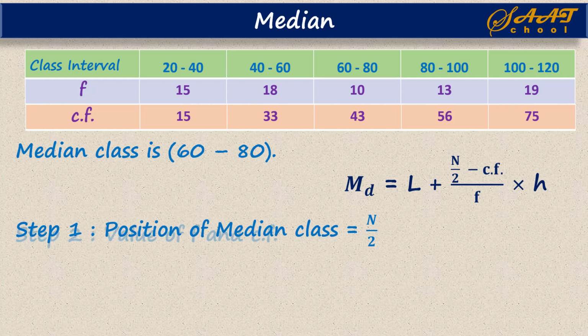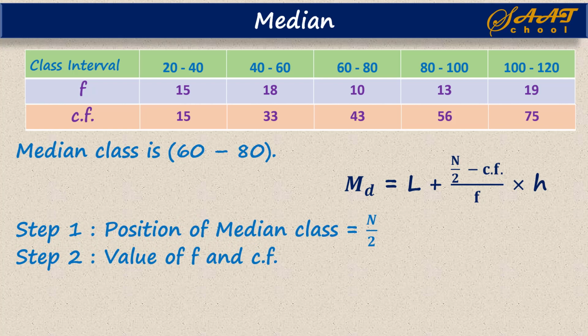The second step is to find the value of f and Cf. In the relation, we have to find the value of f as well as the value of Cf. That is the second step, finding frequency and cumulative frequency. And finally, we have to find L, the lower limit of the median class.